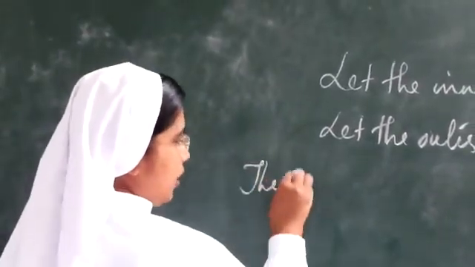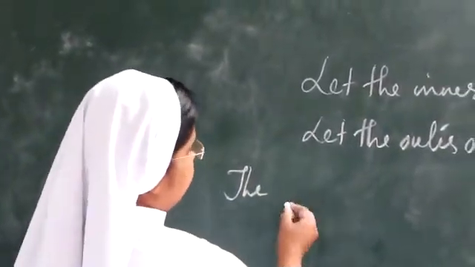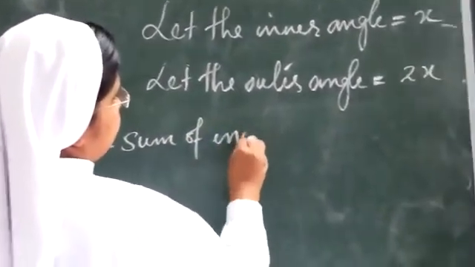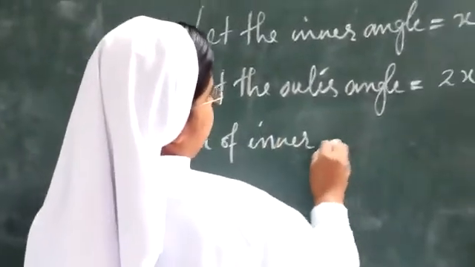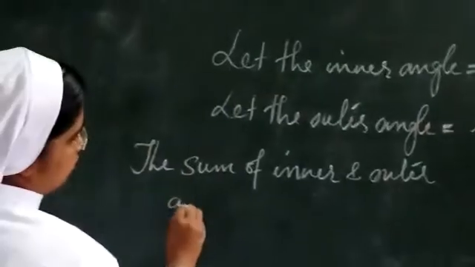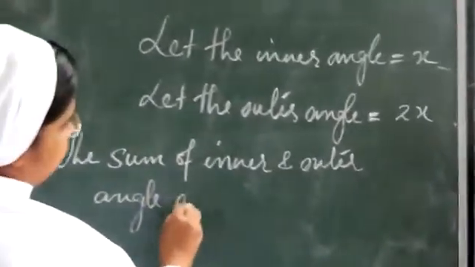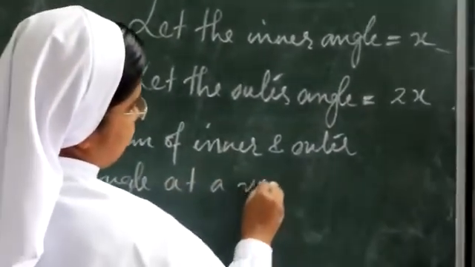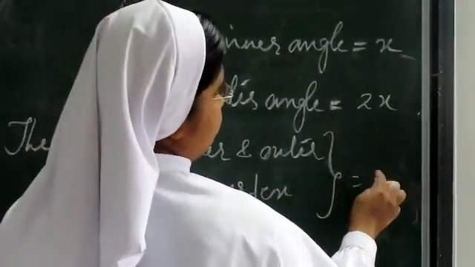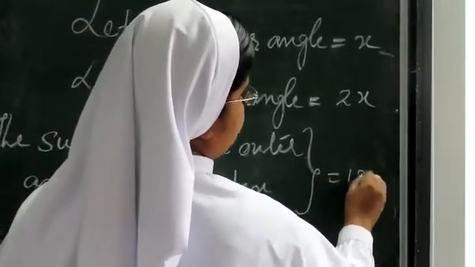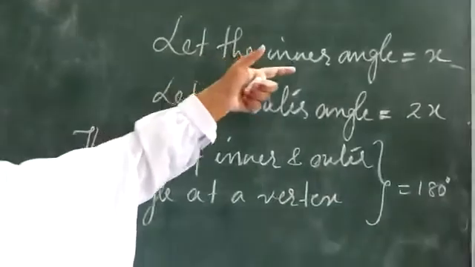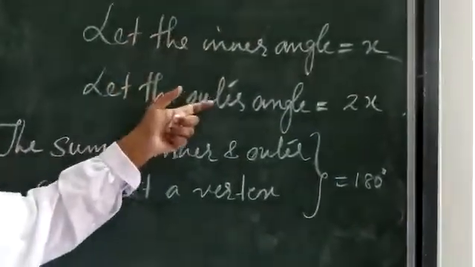I suppose you know it. We know the sum of inner and outer angle at a vertex is 180. So, let the inner angle be x and the outer angle 2x.